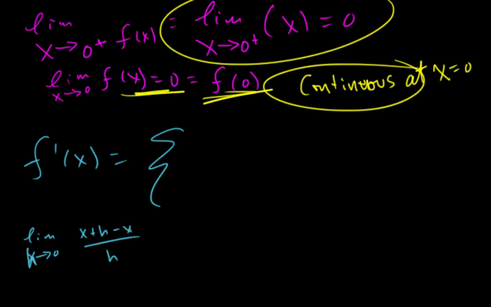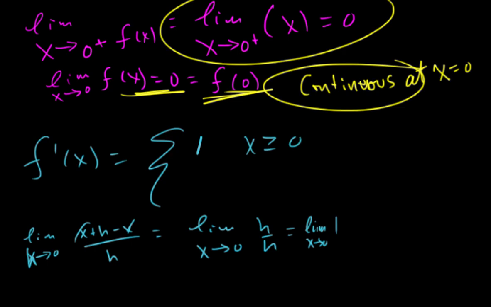So if we simplify that, these cancel, h over h equals 1, and the limit as h approaches 0 of 1 is still 1, and so the derivative is 1.